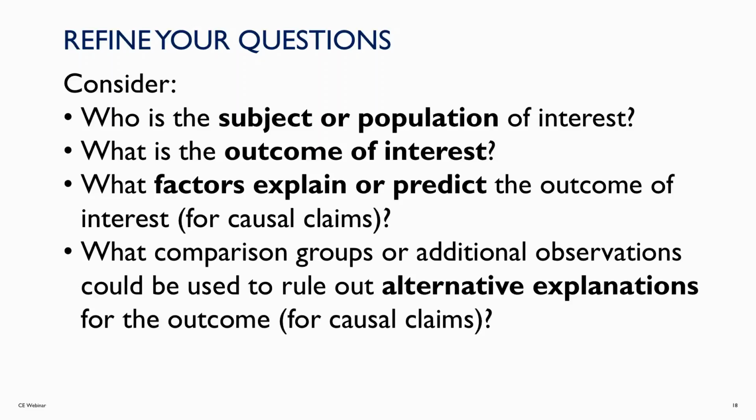So being clear about possible explanations that you're investigating. And then keeping in mind comparison to other groups or alternative explanations, and especially for causal claims. So if you want to understand a causal claim, you want to not just understand the correlation, but also if something is causing something else, then you need to be able to rule out other things that might be causing that aren't the thing you're focused on.